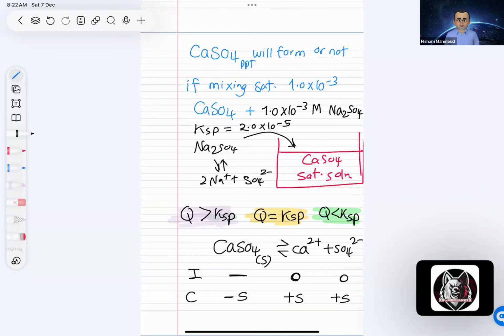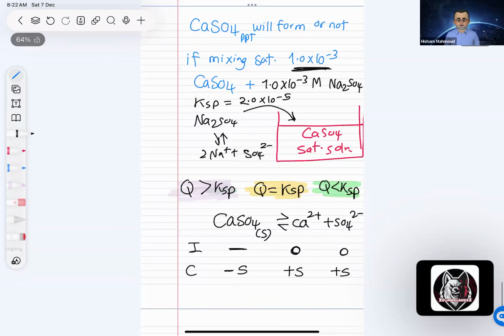And he said that I already have a sulfate, which is 1 multiplied by 10 to the power of negative 3. Did you get the meaning? Where did this come from? This one comes from the sulfate solution at the beginning, 1 multiplied by 10 to the power of negative 3.